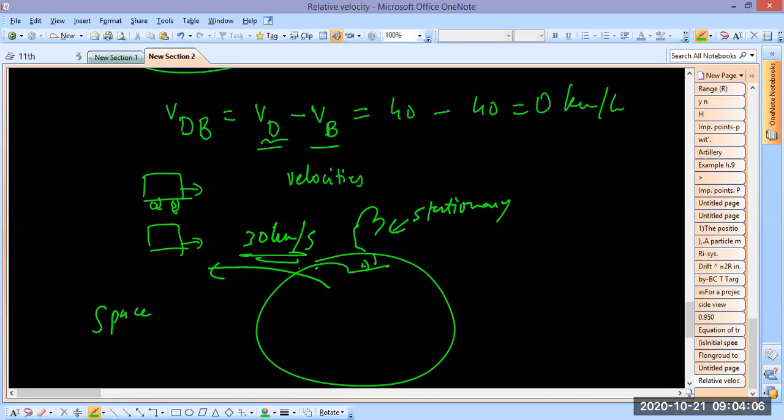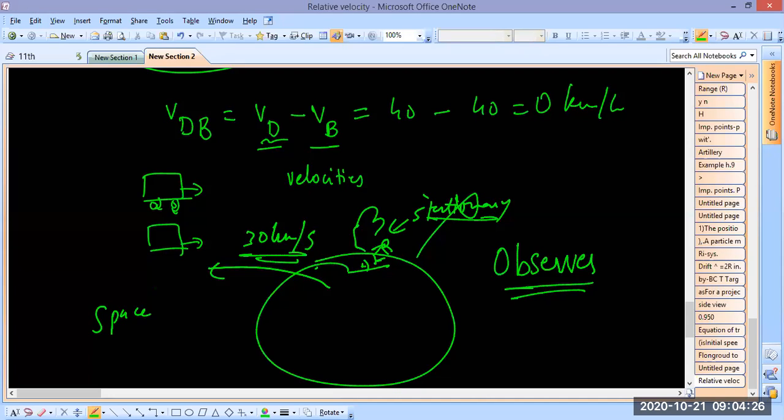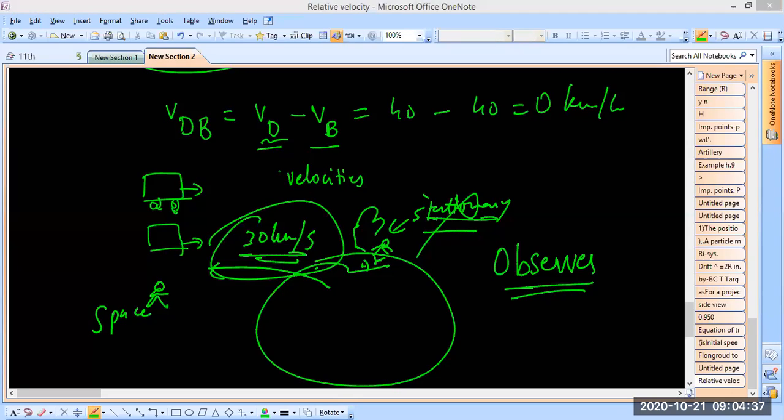So it's all about the observer. If the observer stands here in the shade, the tree is stationary. If the observer goes into space, an astronaut, then the tree is moving with a speed of 30 kilometer per second, right? So it's all about the observer.